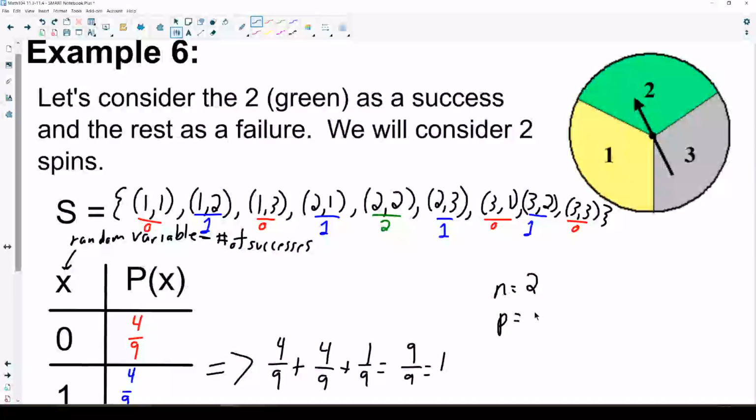One of them is a 2. There's a 1/3 chance of getting a successful spin. And by the same logic, 1 minus p, or 1 minus 1/3, gives me 2/3 of a chance to get an unsuccessful spin, a failure. And that makes sense because I see 2 possibilities out of the 3 that would not work.